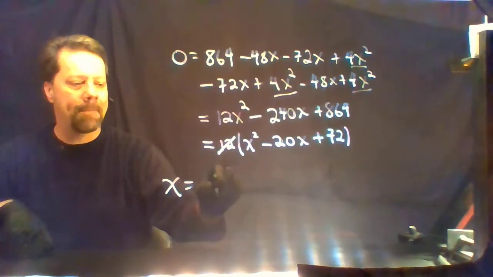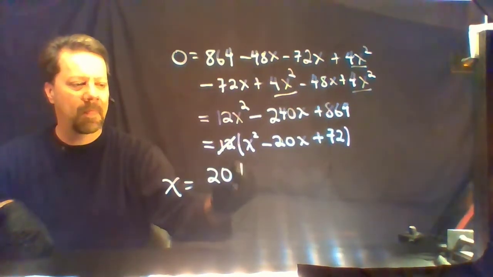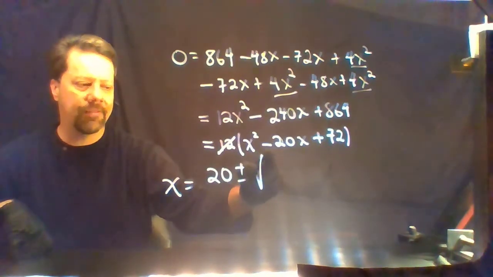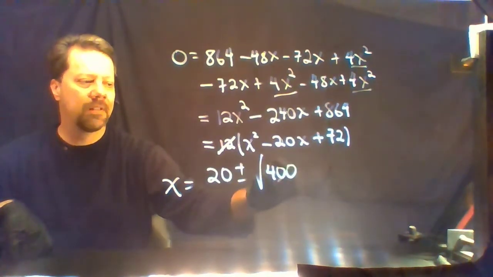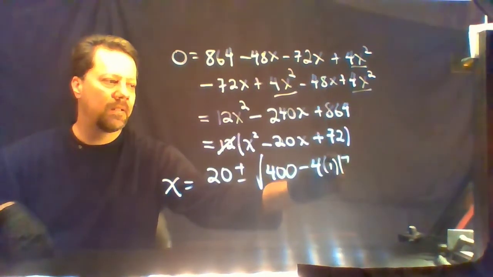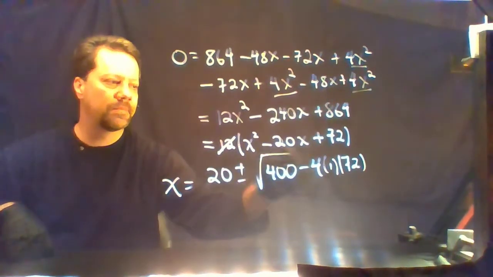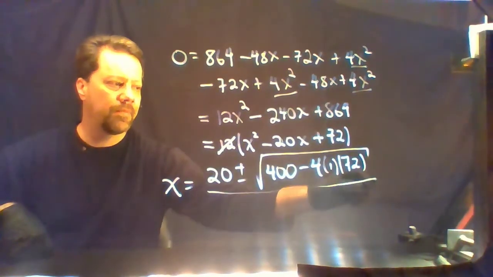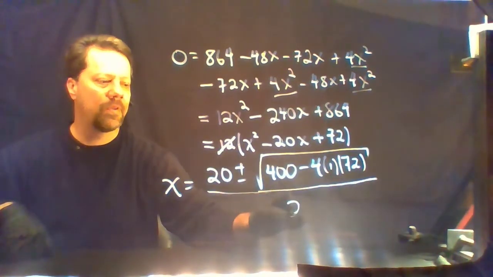X equals minus b plus or minus square root b squared. Negative 20 squared is 400. Minus 4 times 1 times 72, all over 2a.